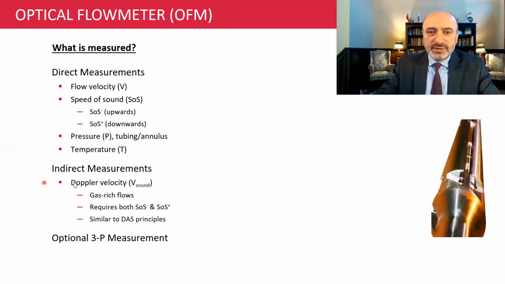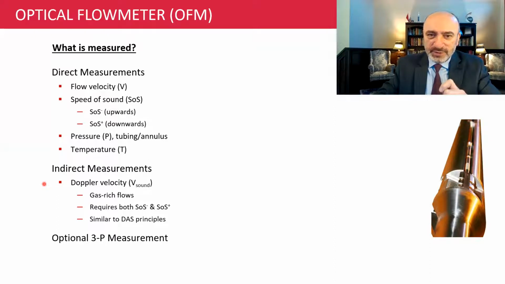Now, the Doppler velocity measurement is rather simple. It's based on the superposition of velocities. Essentially, the sound wave moving in the direction of the flow is faster than the true speed of sound. Why? Because we also have the flow velocity superposed on the true speed of sound.